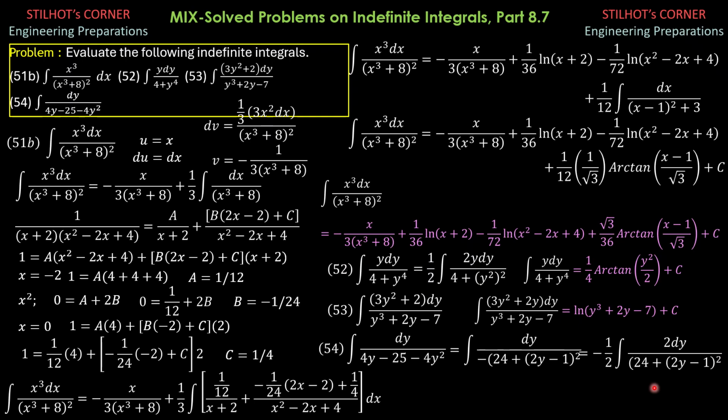So that would be 1 over 2 square root, so 1 over 4 square root of 6 arctan of 2y minus 1 over 2 square root of 6 plus c. 2 square root of 6 is square root of 24. So that's it for this video.